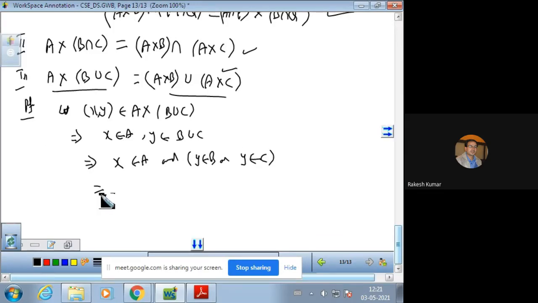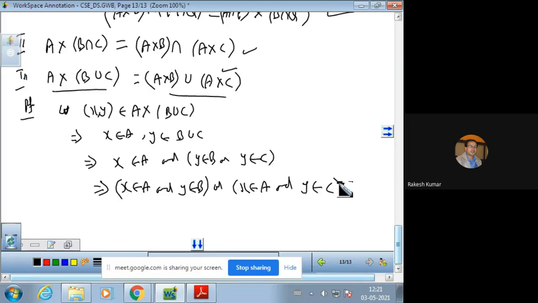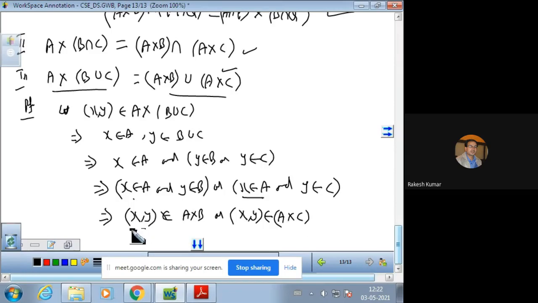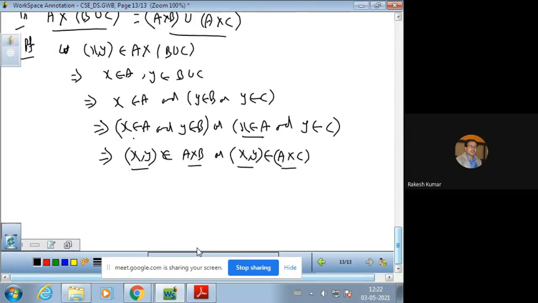Now this is x belonging to A and y belonging to B, or x belonging to A and y belonging to C. Now x belongs to A, y belongs to B means xy belongs to A cross B, or x belongs to A, y belongs to C means xy belongs to A cross C. Now xy belongs to A cross B or xy belongs to A cross C. So the same element belongs to these two sets.